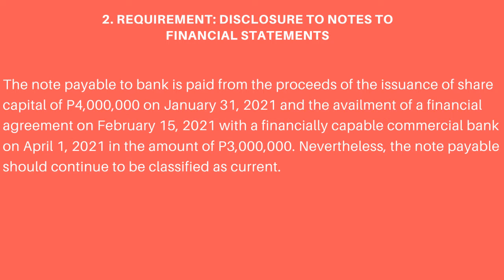It says there that the disclosure is: the note payable to bank is paid from the proceeds of the issuance of share capital of 4 million on January 31, 2021 and the availment of a financing agreement on February 15, 2021 with a financially capable commercial bank on April 1, 2021 in the amount of 3 million.